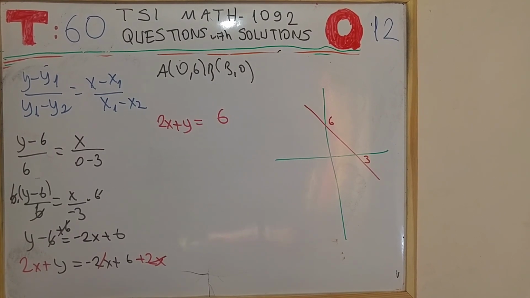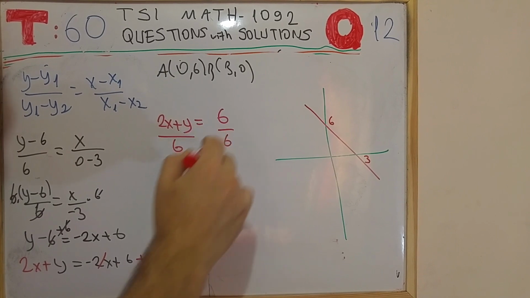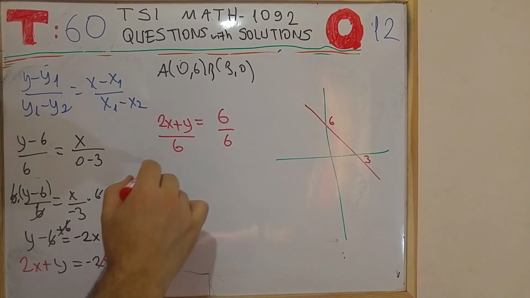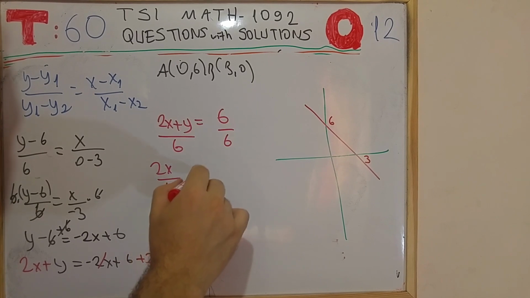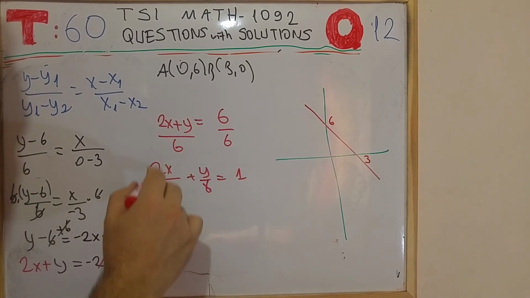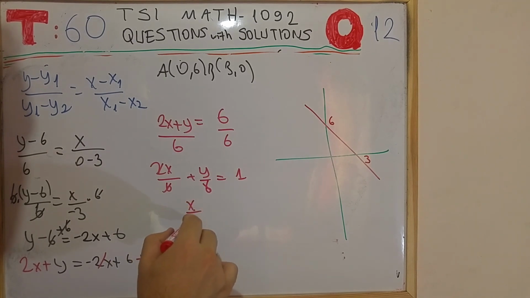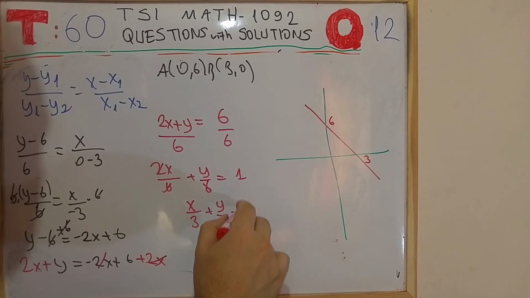Now let me divide each side by 6. So what I have is 2x over 6 plus y over 6 is equal to 1. Or when I simplify, x over 3 plus y over 6 is equal to 1.